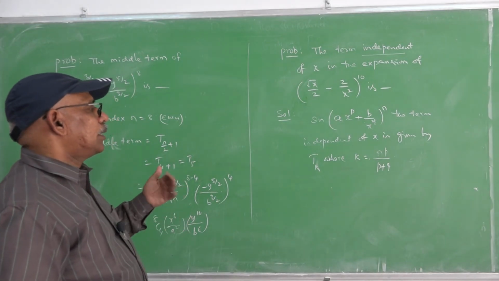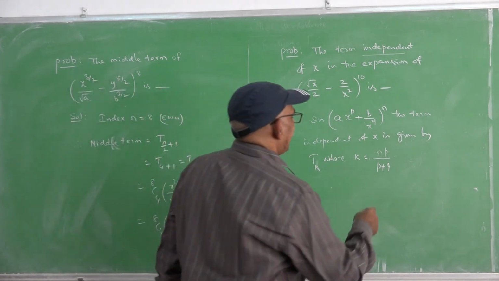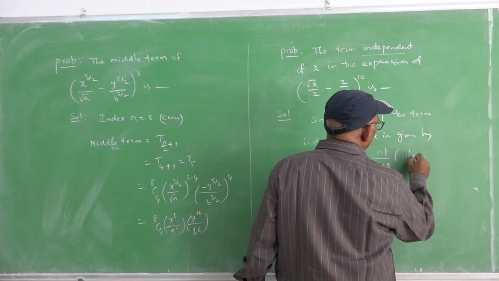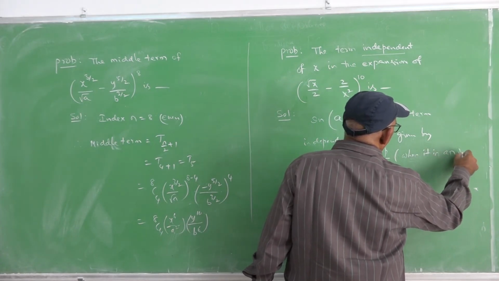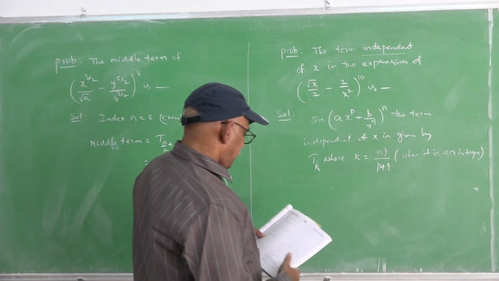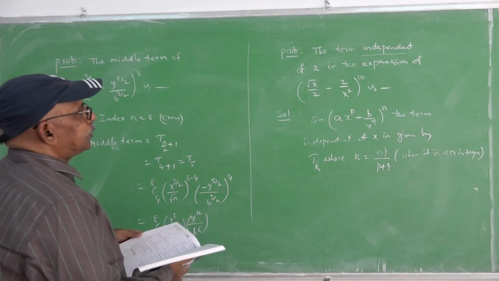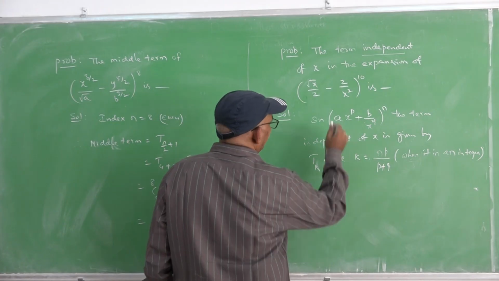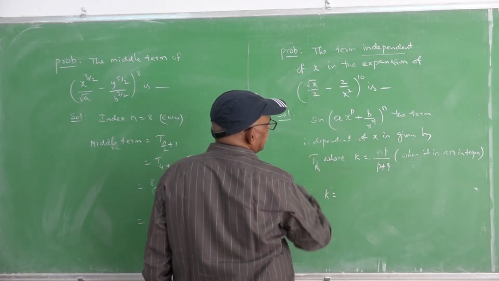Once k is an integer, where k is an integer. So therefore here k equals np by p plus q.